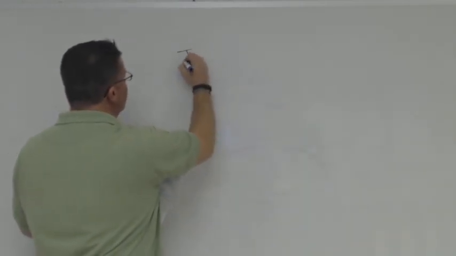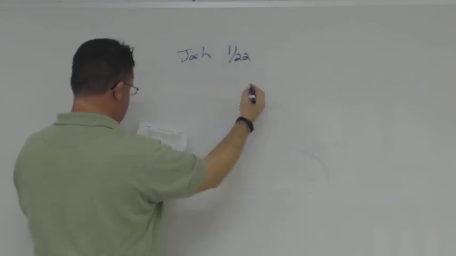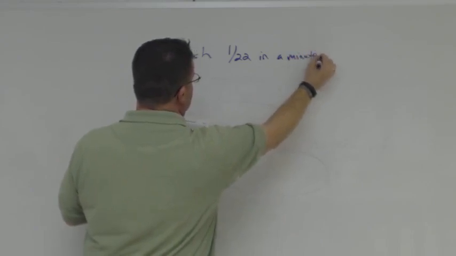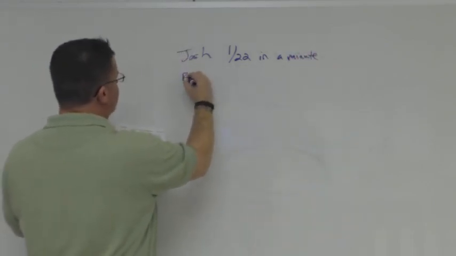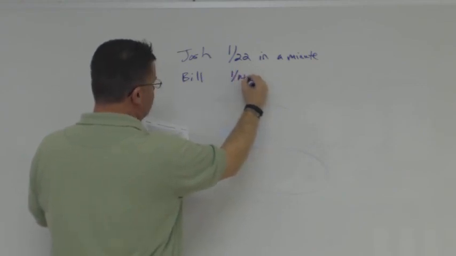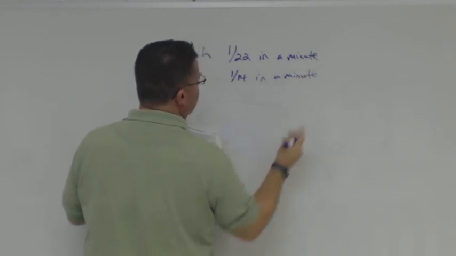All right. And of course, I'm going to show more math than you guys probably did. I didn't use a calculator. Josh takes 1/22 in a minute. Bill takes 1/14 in a minute. I'm just writing down the information that the problem gives me.